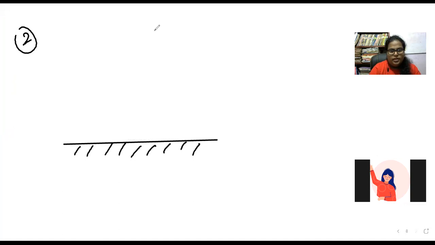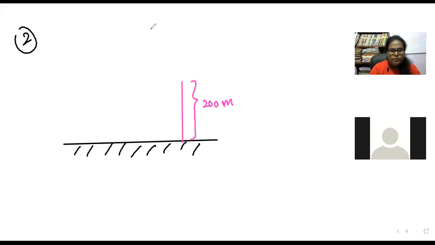So this is the first building, right? So the height of this first building is 200 meters. And there is another building near to this building. The height of this building is more than this first building, right?